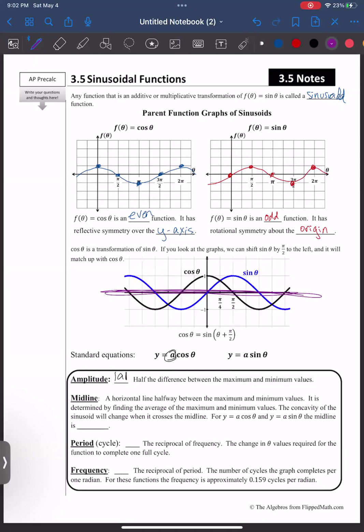Essentially, if you think back on the parabolas and the other functions that we've done, we had a turning point or point of inflection. I think it was what it was called. It was essentially that halfway point between a minimum and a maximum on my function. So basically a midline is if you took that point, and you just created a horizontal line from it.